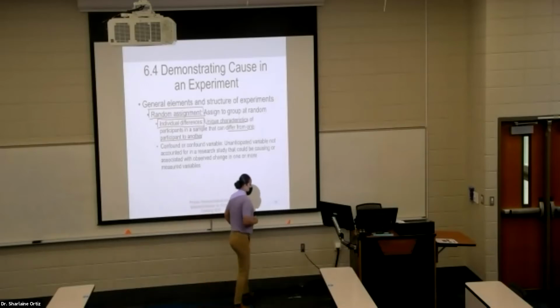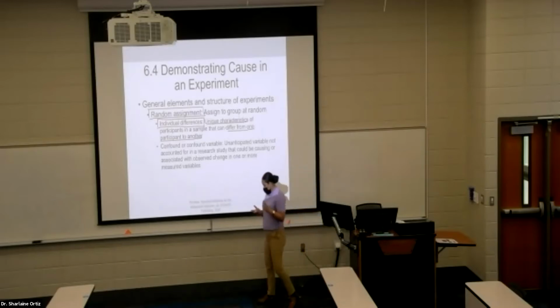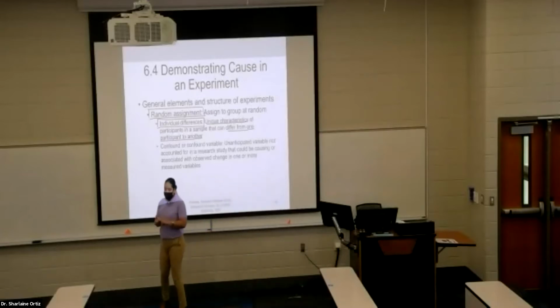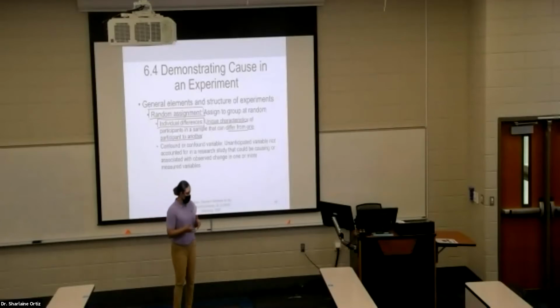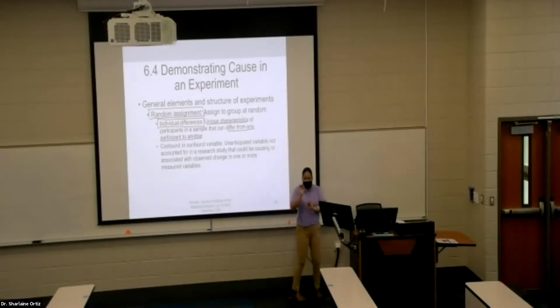That could be a problem in regards to random assignment, because even though these characteristics remain the same, for example, all of you share the same race, all of you share the same age, all of you potentially share the same socioeconomic status because you're here on a college campus, right? So notice that unique variability, as we're going to refer to it from now on, could be a problem for random assignment.